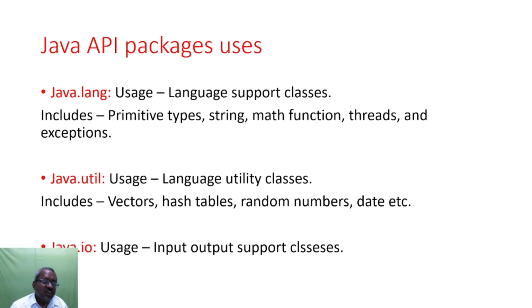So, according to the language constructs, what are all the packages. Another thing is we have to know which packages come under which particular API package. We should already go through the different package lists, and we should be able to know which packages come under which.